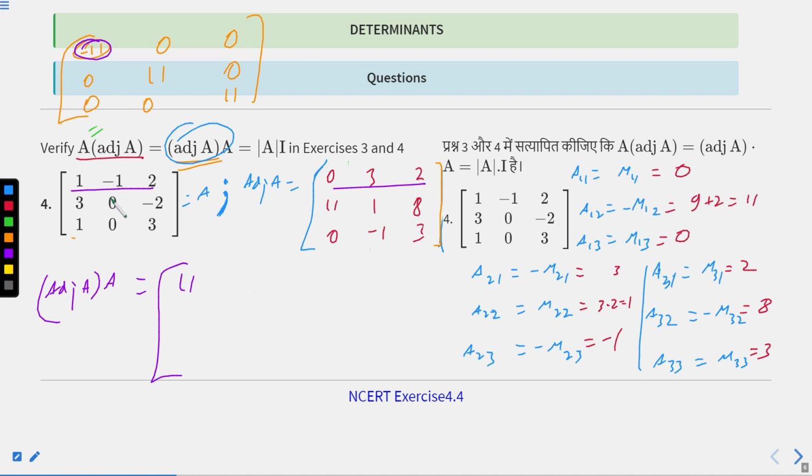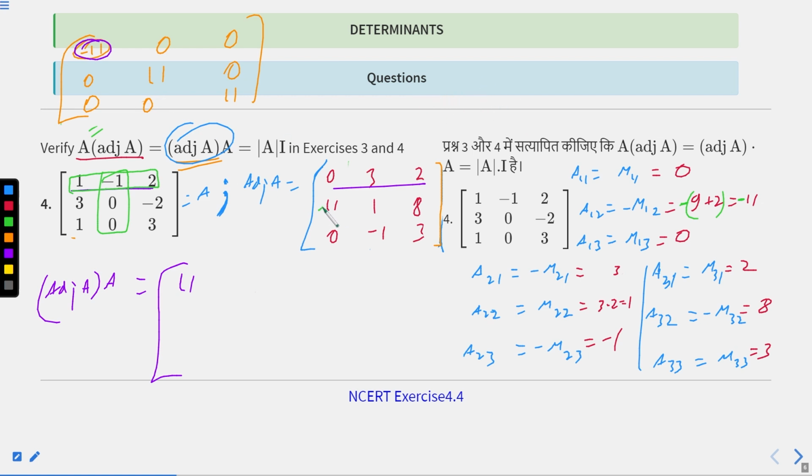M12 means eliminate first row and second column. So this will be 9. 9 minus of minus 2 means 11, and this will be minus 11. I forgot to apply the minus over here. Please be careful with that. So yes, it will be minus 11.